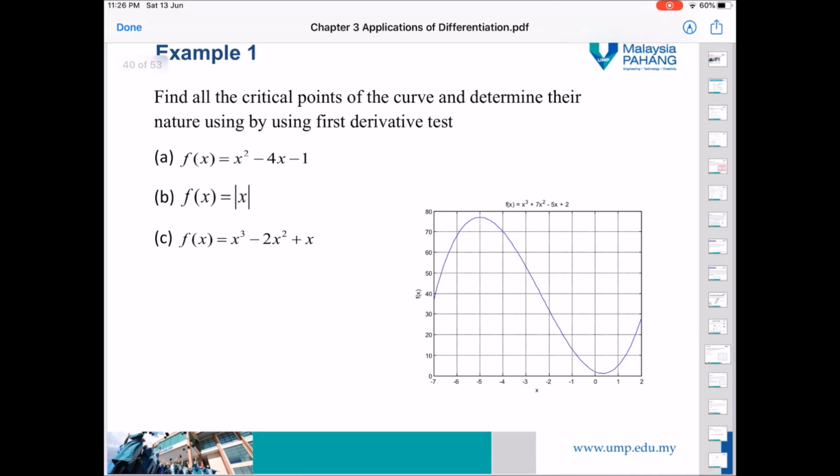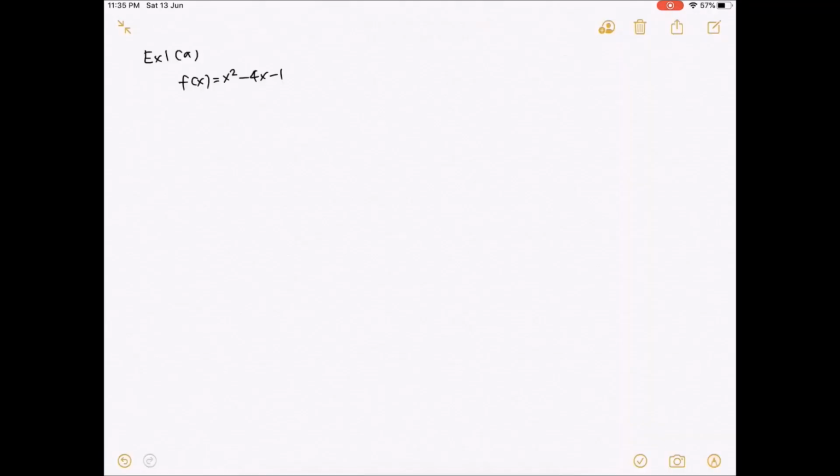Okay, let's see example 1. Find all the critical points of the curve and determine their nature using the first derivative test. We have f(x) equals x squared minus 4x minus 1. First of all, we have to find the critical point.